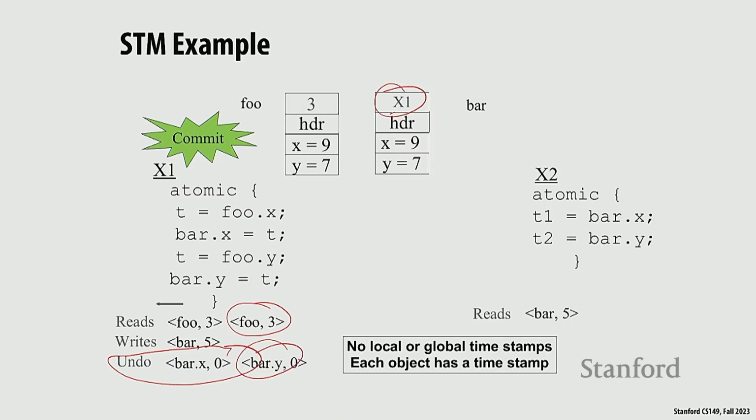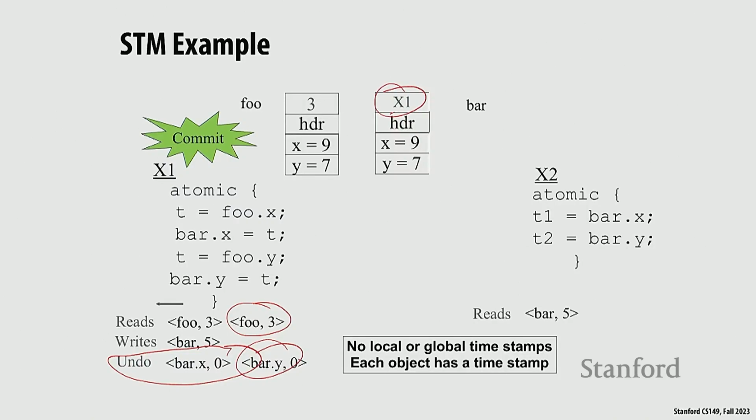Yeah, in this case, the write set isn't so important, right? Because you're doing pessimistic detection anyway, and you have an undo log. So figuring out exactly what's in the write set isn't that important.